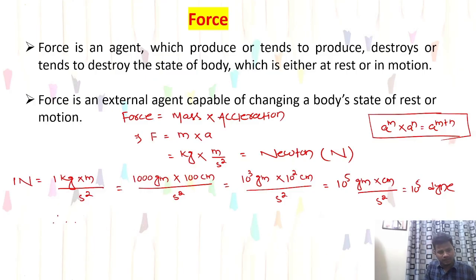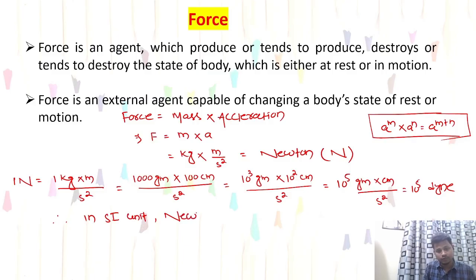That means in SI unit, the unit of force is Newton, and in CGS unit, the unit of force is dyne.